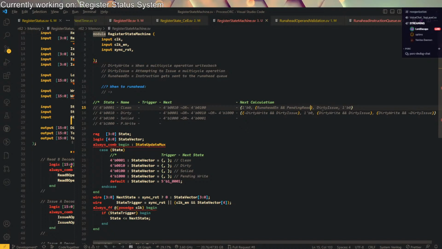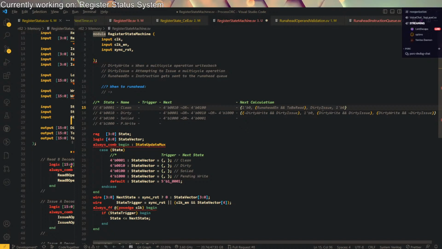So you go soiled if you have an issue reading an instruction. So if you send an instruction to the run ahead and you're reading, yeah, that works.